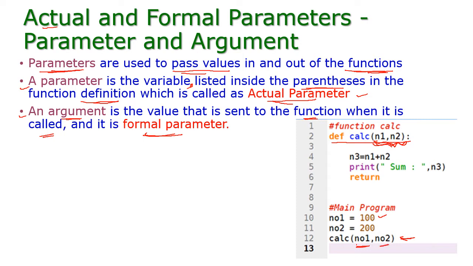So these are called formal parameters, otherwise called arguments. So parameters are called actual parameters and arguments are called formal parameters, right?